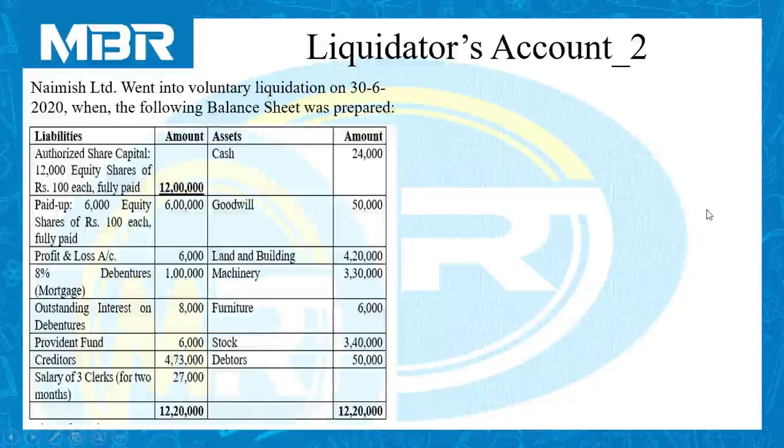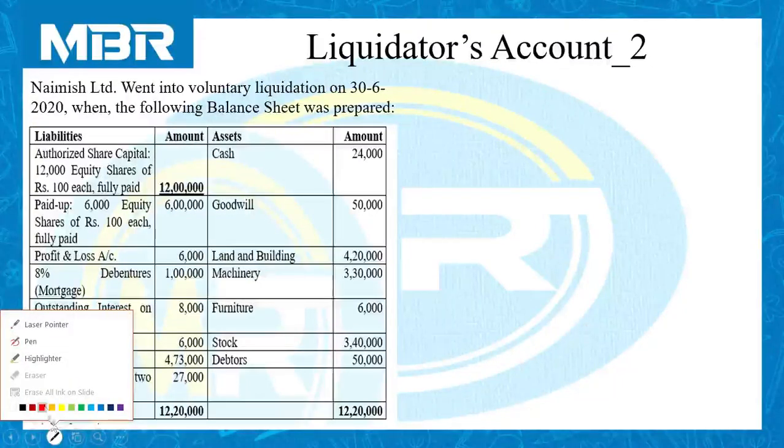Nemish Limited went into voluntary liquidation on June 30, 2020 when the following balance sheet was prepared. Liability side amount, assets side and amount. Authorized share capital: 12,000 equity shares of rupees 100 each, fully paid, 12 lakhs.